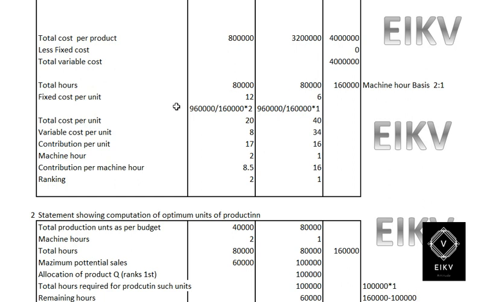Therefore, for absorbing the fixed cost, the fixed cost of 9,60,000 divided by 1,60,000, which is the total hours, multiplied by 2, and in the same way 9,60,000 divided by 1,60,000 multiplied by 1, will give you 12 and 6 respectively.